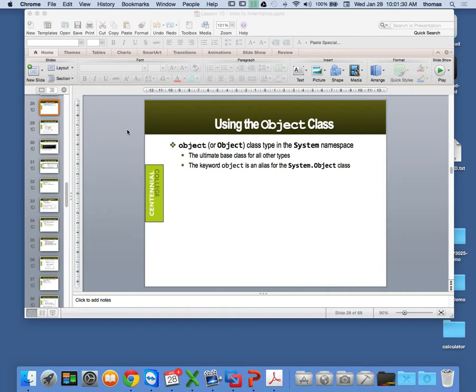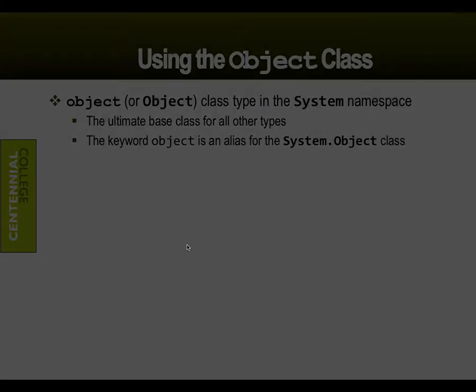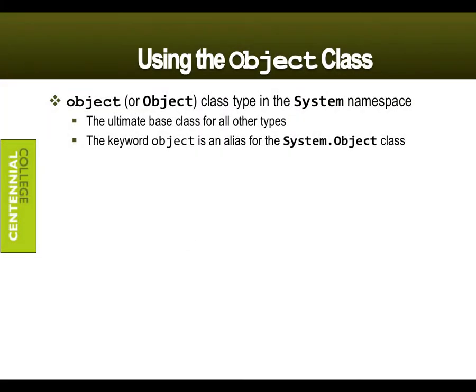Okay, so let's go and talk about this super object that belongs to C#. So there is something called the object class, capital O, which is part of the system namespace, and it is where all classes derive from.